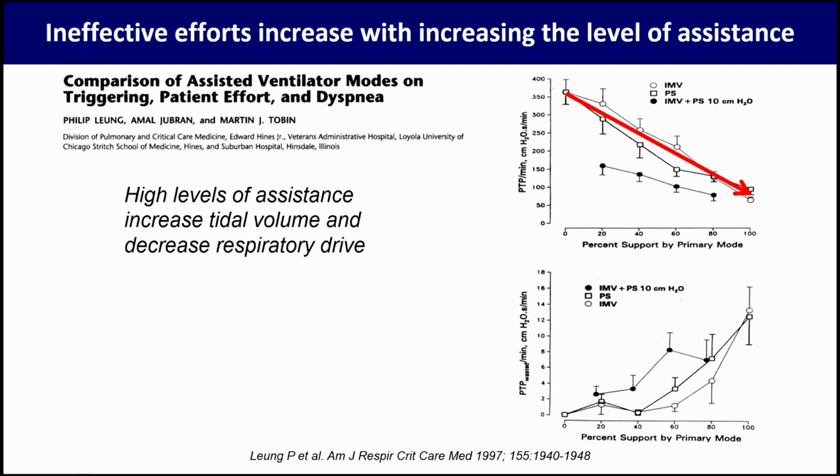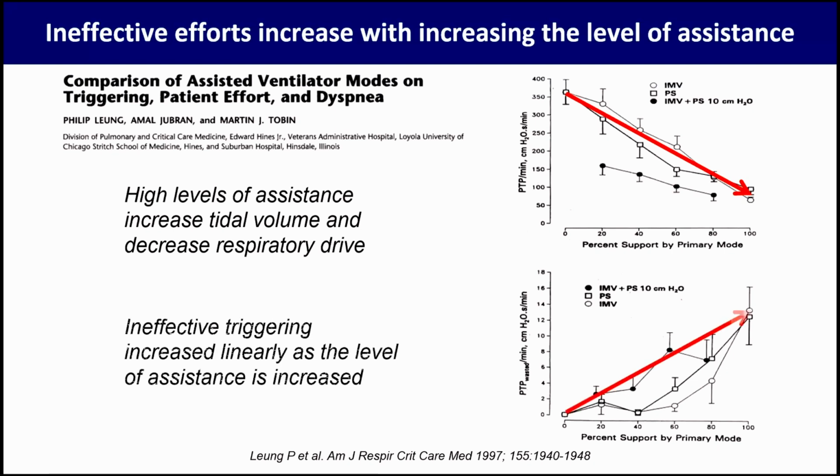As you see here, as the percentage of support increases, the patient effort decreases and the respiratory rate comes down. We often see this when we change the patient into a spontaneous mode. When they have been on SIMV mode, they take some time to initiate spontaneous breaths because they have probably been given higher support than necessary.